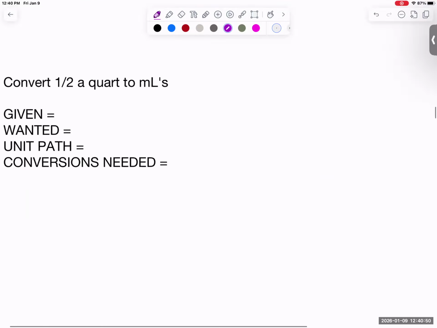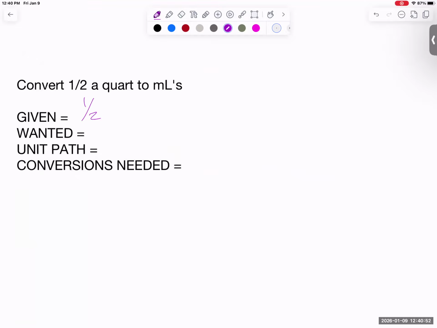And then half a quart. Half a quart. Wanted is milliliters. The path is quart to milliliters. So I'm going to go quick on this one. What's the conversion for quart? 960. There you go. 1 quart is 960 milliliters. So 2 pints is 1 quart, and that's one way you do it.